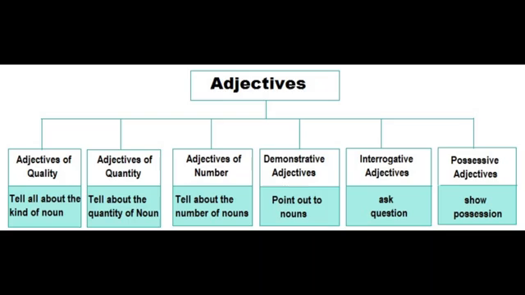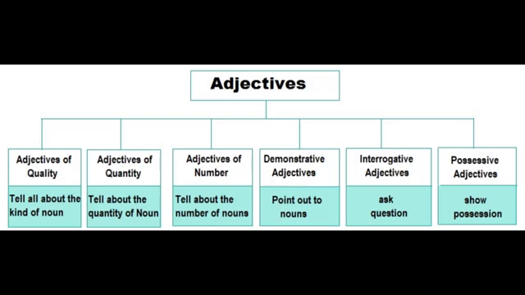Now let's come to the classification of adjectives. What are the different types of adjectives? Adjectives of quality. An adjective of quality tells about the kind of noun. Then adjective of quantity, it tells about the quantity of a noun.